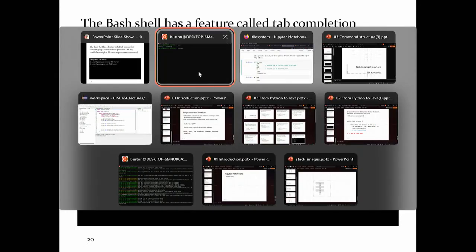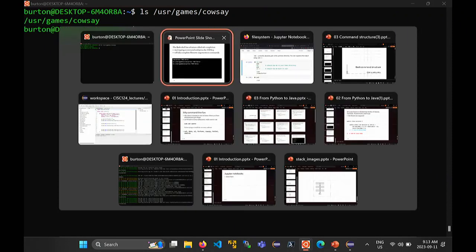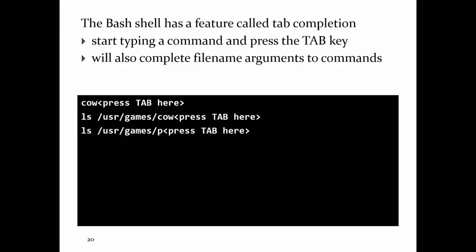If I type in ls /usr/games, and then cow, and then an s, and then press tab, it auto-completes the name of the file, and now you can list information about the cowsay program there. So auto-completion is handy to remember it exists. It saves you from having to type in a lot of stuff.